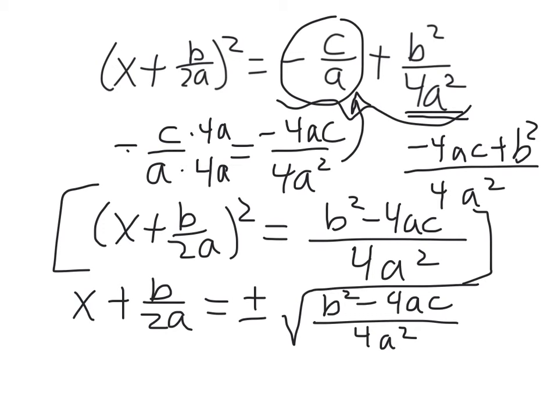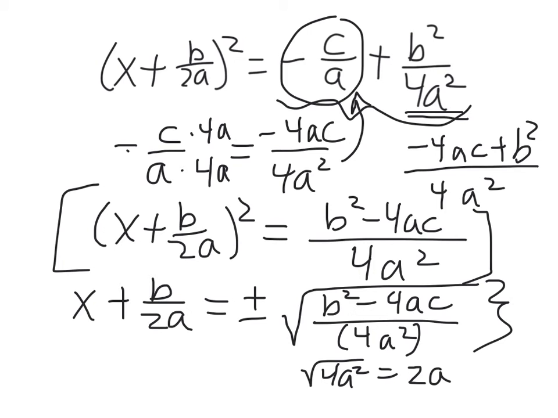And almost done. We've got to simplify the square root as much as possible. Well, the numerator, we're not going to be able to simplify at all, but the denominator will simplify to what? Okay, well, this denominator, square root of 4a squared, would be simply just 2a.